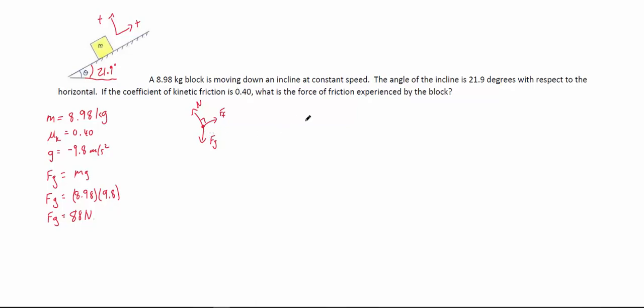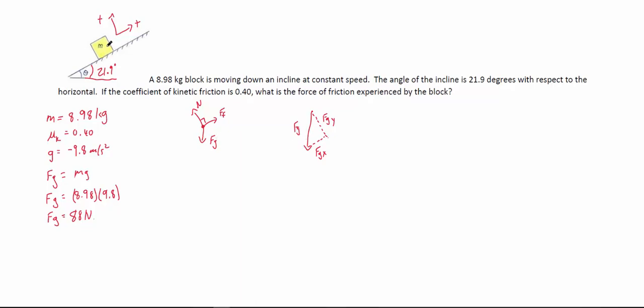I'm going to draw this a bit bigger so that you can see what's happening. Our force that is parallel to the x direction is force of gravity in the x, parallel to the y direction is force of gravity in the y direction, and the resultant vector is just Fg.